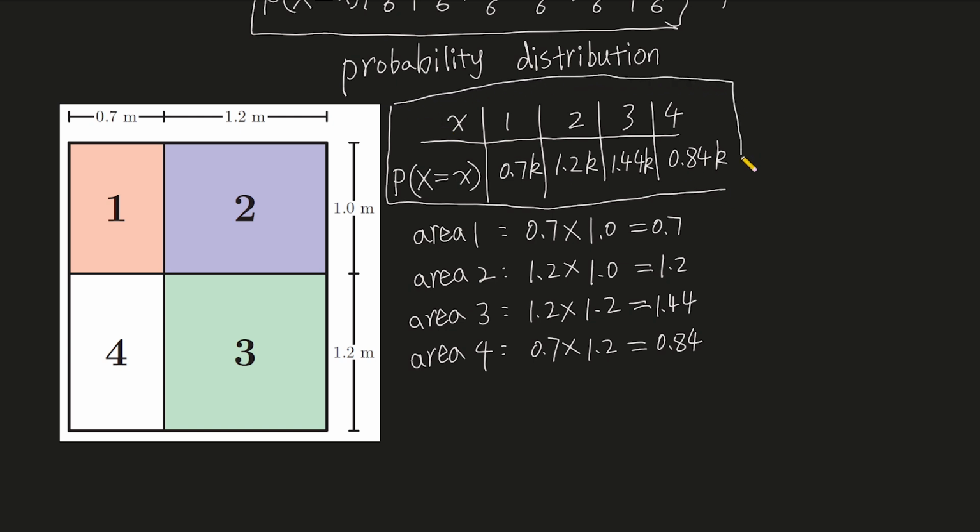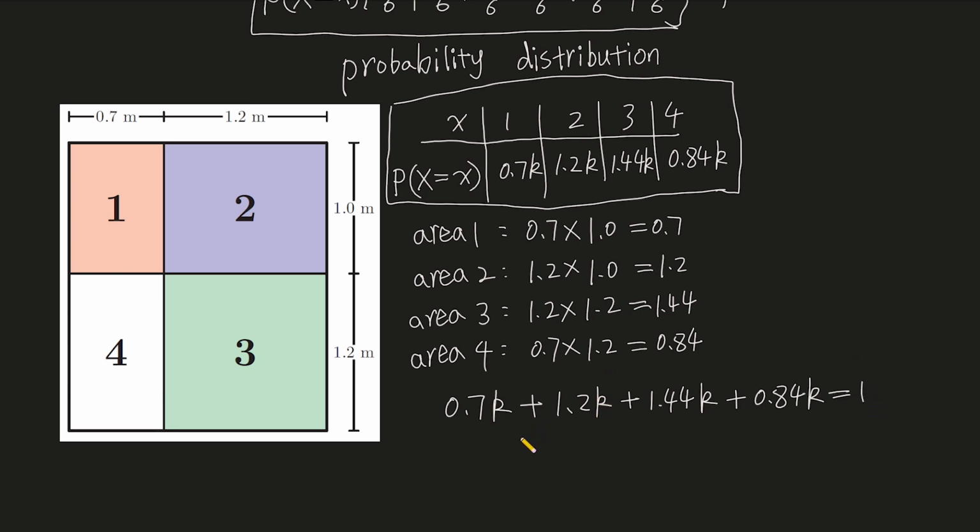Now we need to get the value of k. We know the probability distribution has the property that the sum of all the probabilities is 1. So we can get the equation 0.7k plus 1.2k plus 1.44k plus 0.84k equals 1.